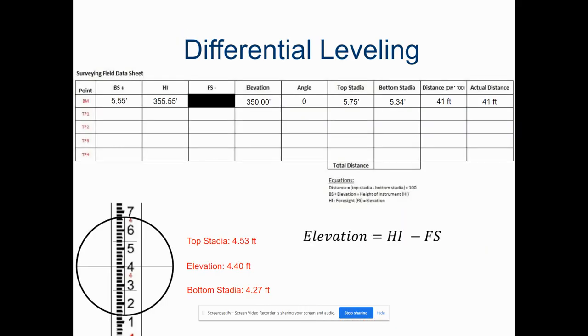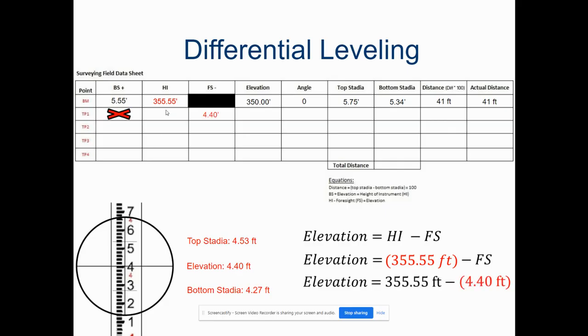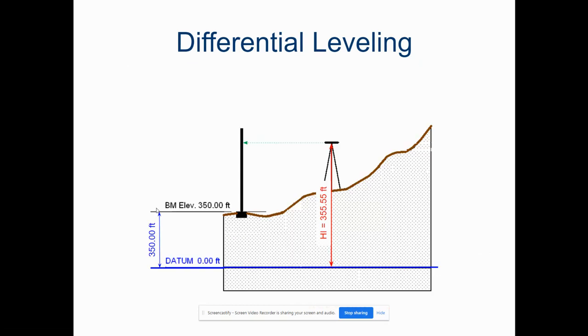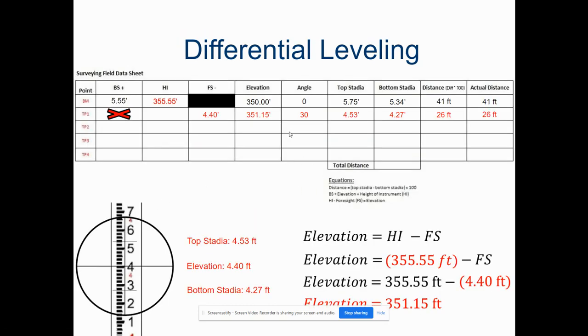So when we take that shot, that is 355.55 minus the foresight is going to give us an elevation of 351.15.